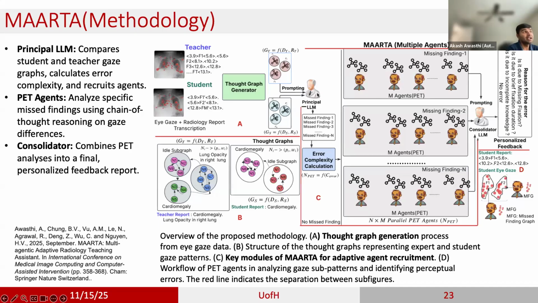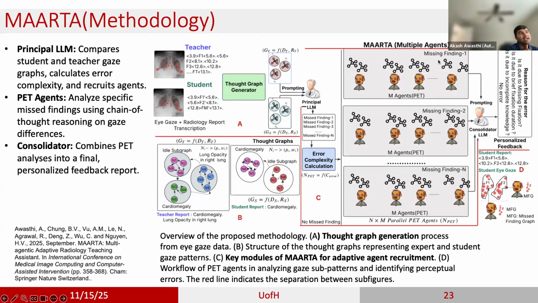You can see that this principal LLM just compares the report and tells what is missed. Then the error complexity function uses that number of missed findings and scales it based on the subgraph complexity of the missed findings to find the number of agents.